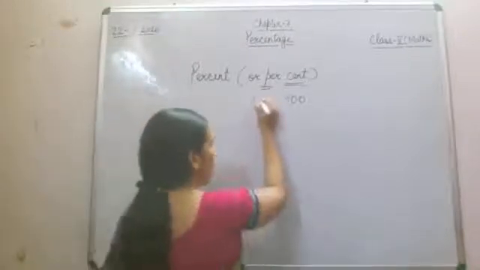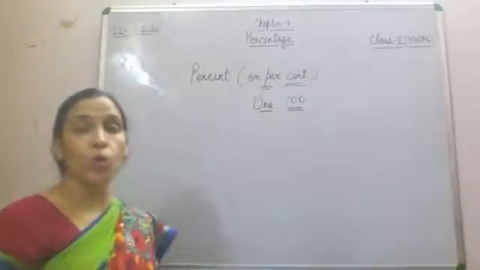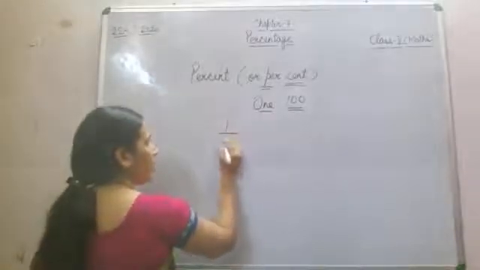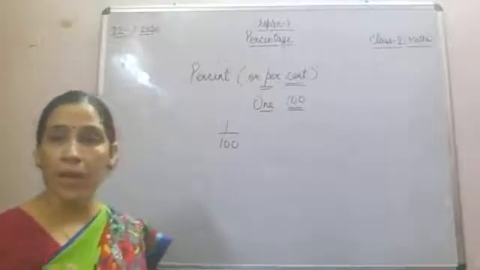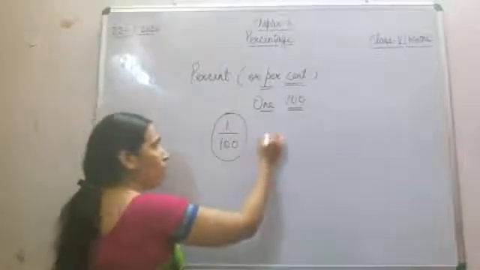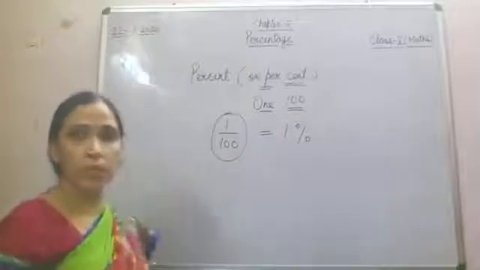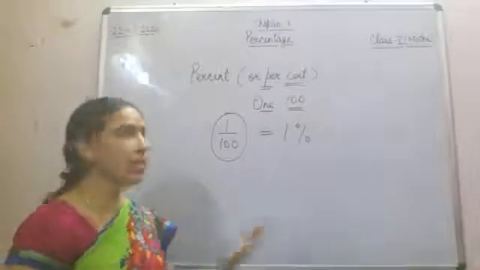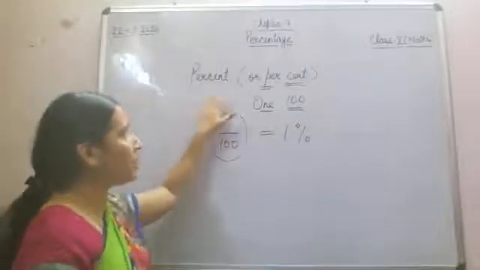Fine, per stands for 1 and cent stands for 100. So how do we write this percentage? We can write it as 1 by 100. This can be represented in the form of percentage, 1%. Now children, this is the literal meaning of percentage, and percentage came from here only.